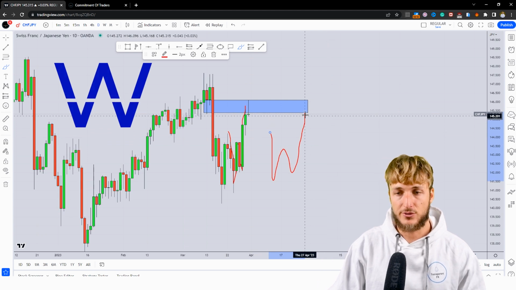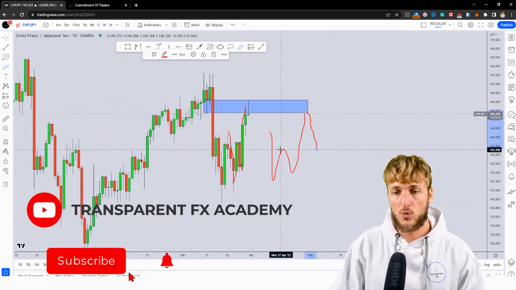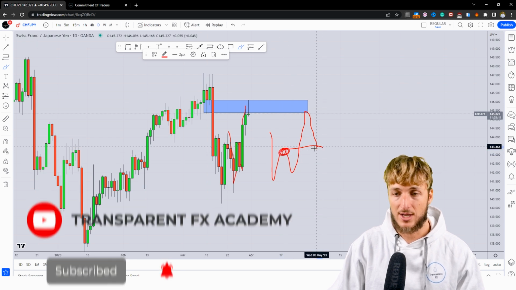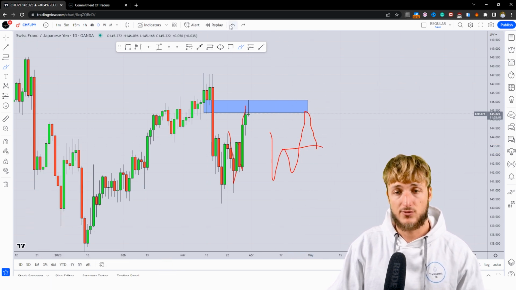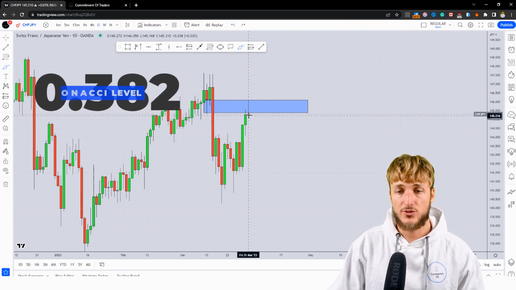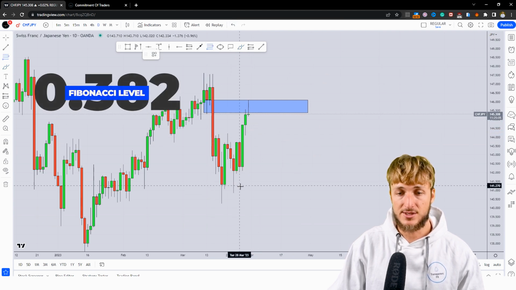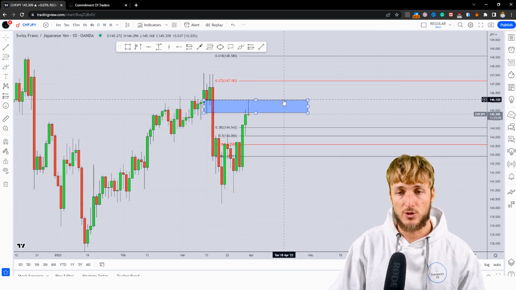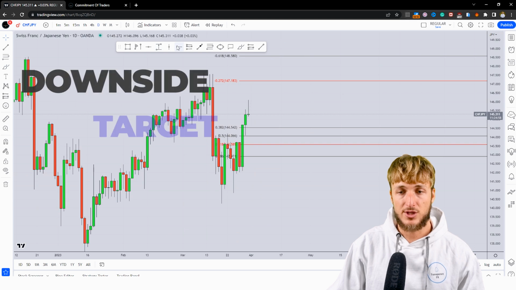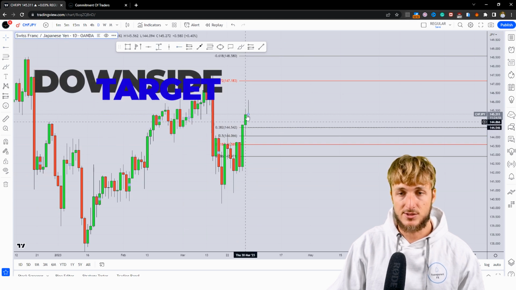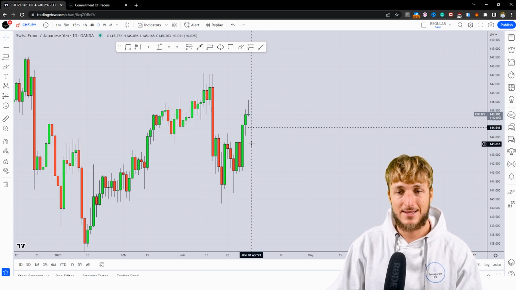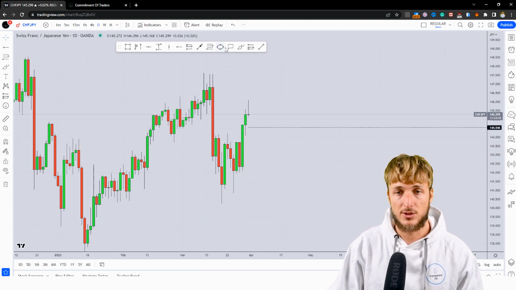And in general, after the creation of an overextended W, what you would expect is a potential rejection lower for the completion of the W formation at the neckline, or at least for the market to reach the 0.32 of the Fibonacci taken on this daily impulse. So from the low to the high of this impulse. So essentially what we would have here is a first potential downside target, which is at this 0.32, and then the second downside target, which is at the neckline of this overextended W formation.